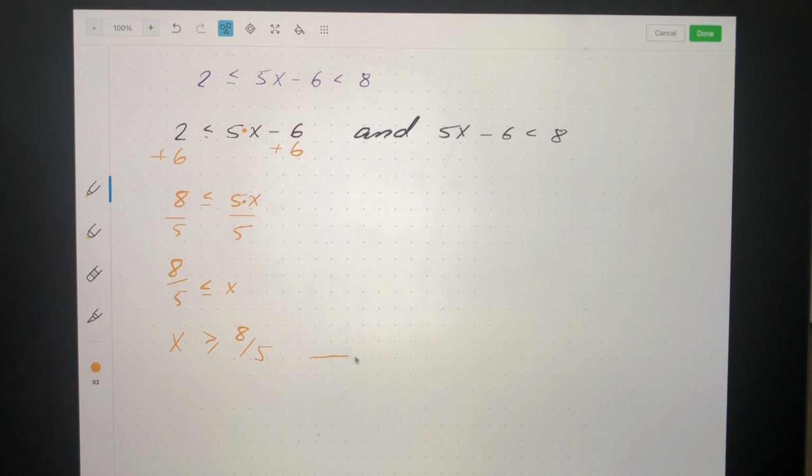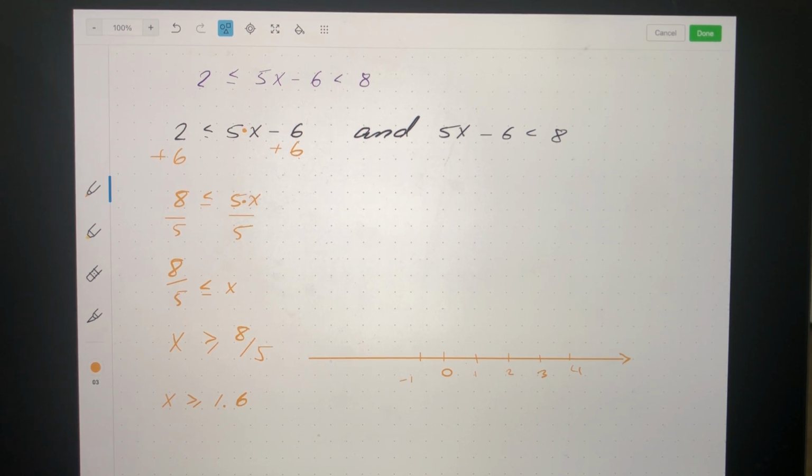Now on a sketch, what does it look like? Well, somewhere there is 8/5. 8/5 actually happens to be 1.6, if we use a calculator. Now, we could make a grid. If we want it to be precise, here is 0, then 1, 2, 3, 4, and on this end, -1, and so on.